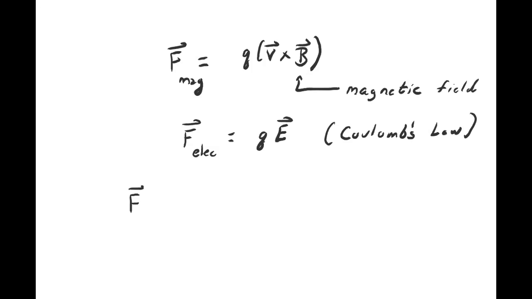So you can combine these two things together and recognize the following observation, which in fact turns out to be experimentally true. So I haven't derived these, I've just shown that they explain experiments.